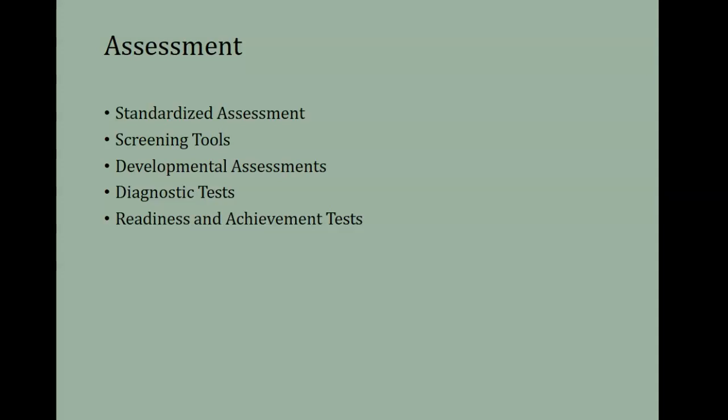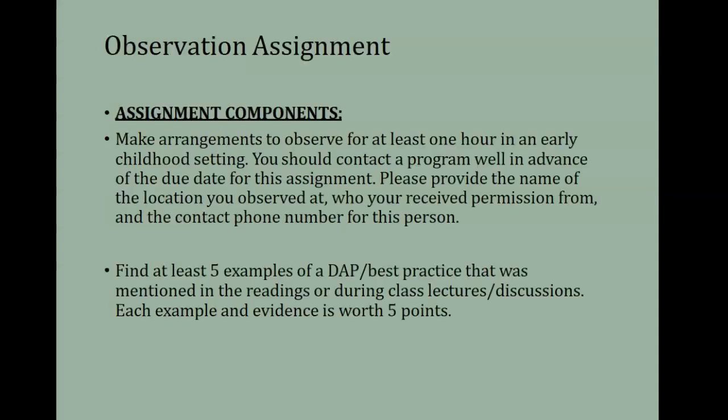We use developmental assessments like TS Gold or Gold. We also do diagnostic tests to maybe assess for specific disabilities. And we also do readiness and achievement tests. Oh, Lordy have mercy. Readiness and achievement tests get under my skin like nobody's business, especially kindergarten readiness tests. Why? What does it mean to be ready for kindergarten? I mean, that's something we could talk about further.